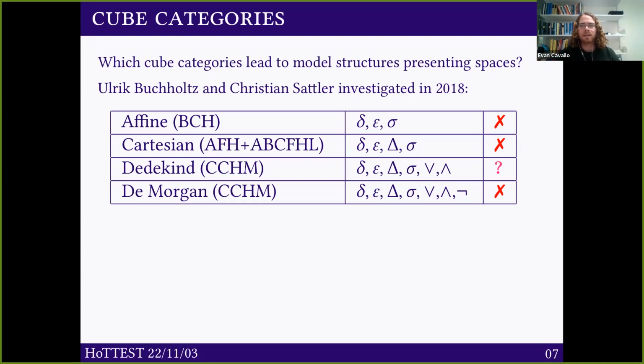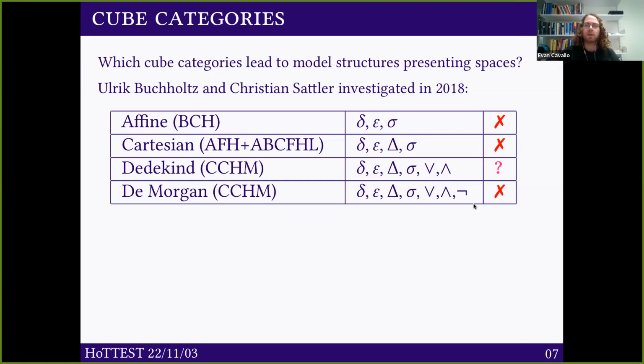Then there's this really questionable one where you have distributive lattice laws for the two connections, but you don't have this reversal that you have in the De Morgan model. And we don't know what the story is for this one. As I'll get into a bit later, once you have this Cartesian structure, it's really the combination of diagonals and connections that makes this cube category very nasty when it comes to the tools we have from homotopy theory for analyzing these things.